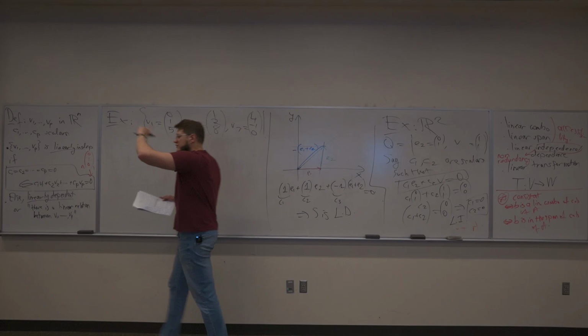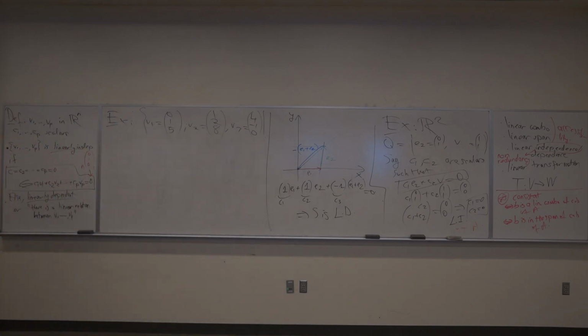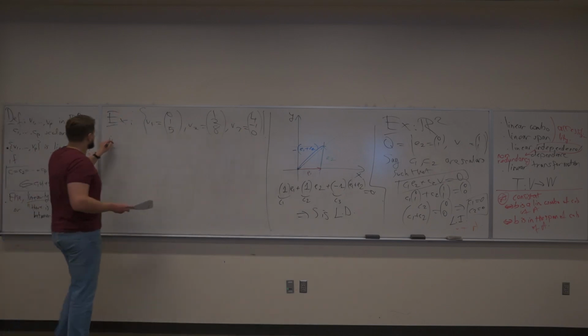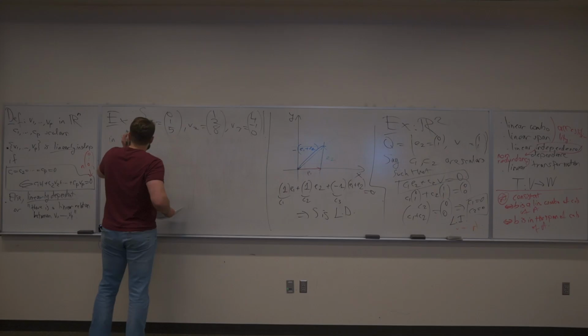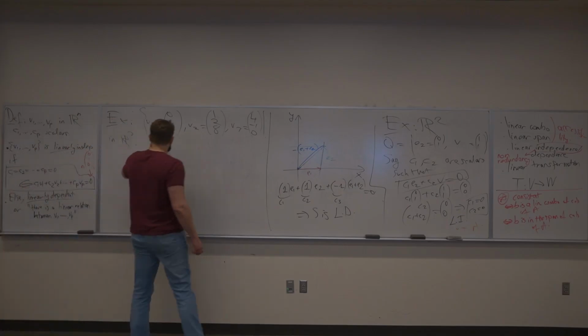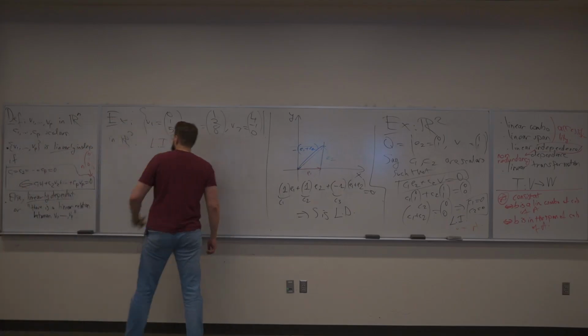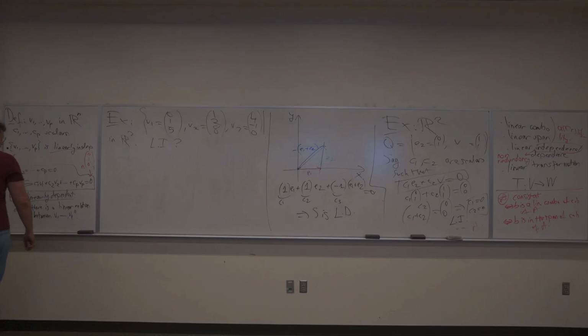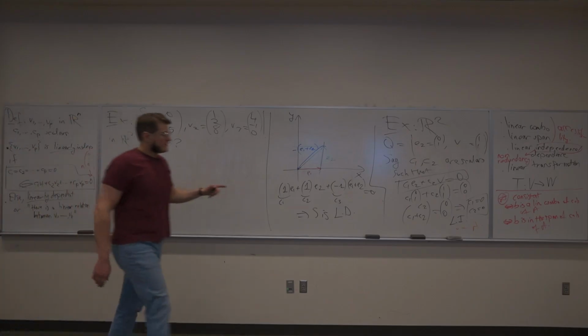You have 3 vectors in 3 dimensions, okay? In R3 if you want to be specific. The question is: is the set of vectors linearly dependent or independent? Well, I'm going to do exactly the same thing.